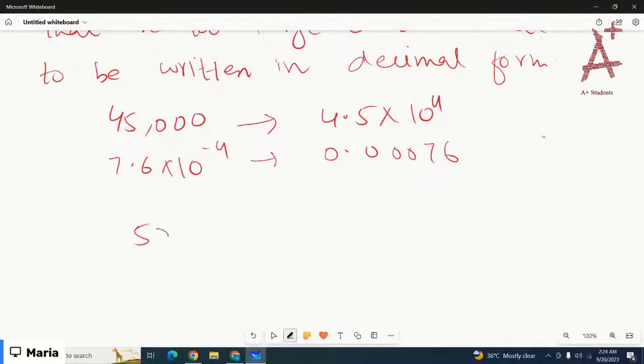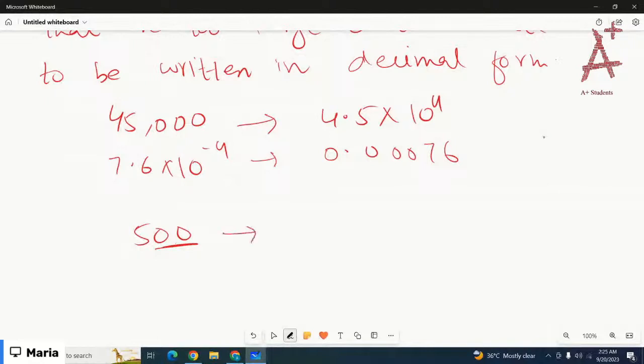You have 500. You have to write it in scientific notation, right? 500 is a positive number. How do you write it? You have 500, two zeros, right?